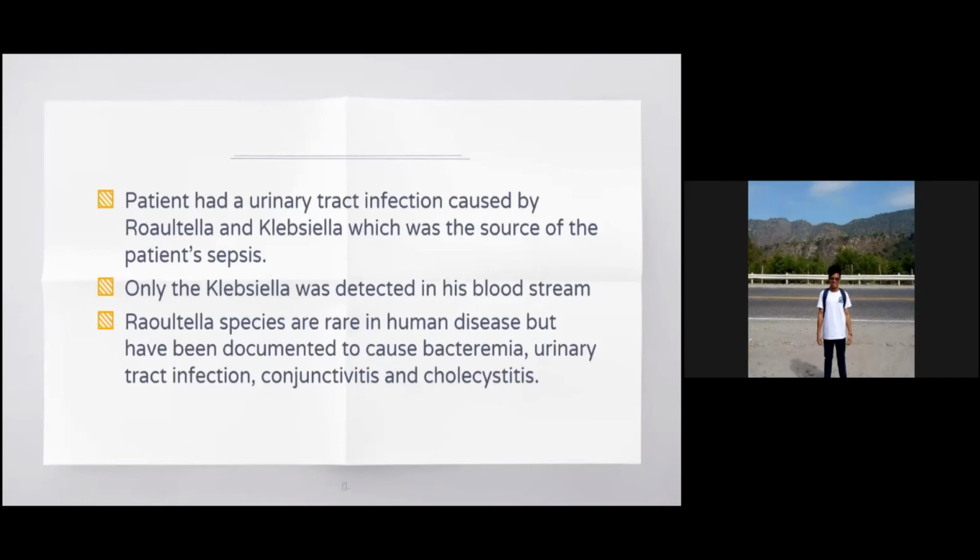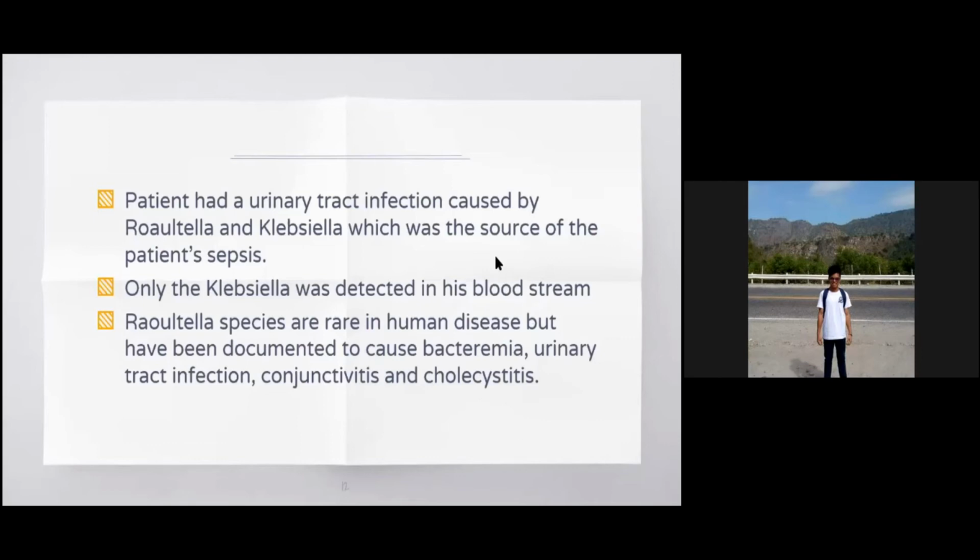Klebsiella is usually picked up in healthcare-associated environments such as hospitals, the ICU, or nursing units. The common routes of Klebsiella are wounds, IV line sites, and catheters. In our case, the patient had undergone catheterization, which was the source of the infection.